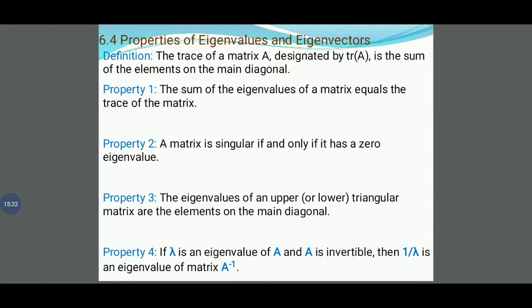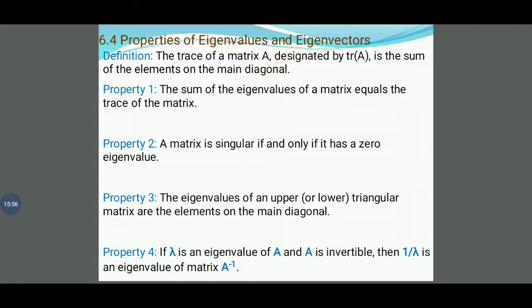What is the fourth property? Invertible means the inverse should exist, that is determinant not equal to 0. Then its eigenvalue is 1 upon lambda. Suppose A is our matrix, its eigenvalues are 1, 2, 3, then eigenvalues of A inverse are the reciprocals of their respective eigenvalues, that is 1 upon 1, 1 upon 2 and 1 upon 3.